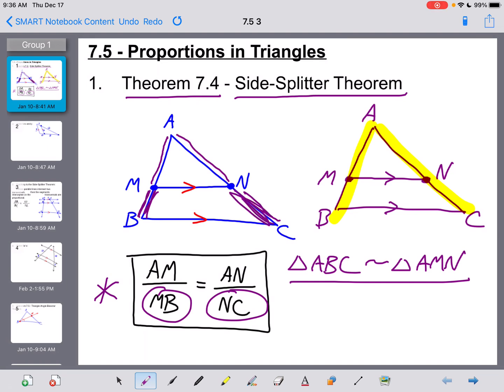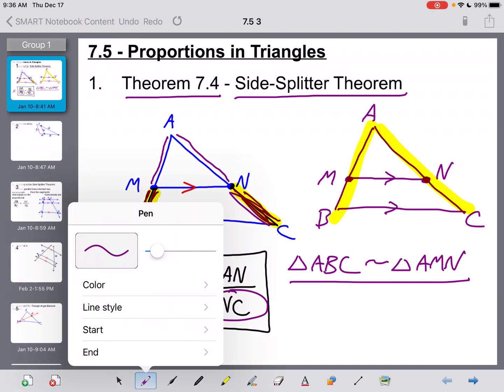What's significant about MB and NC is that they do not represent complete side lengths within a triangle. MB is just this little fragment, a little piece of line segment AB, and the same thing happens with NC.